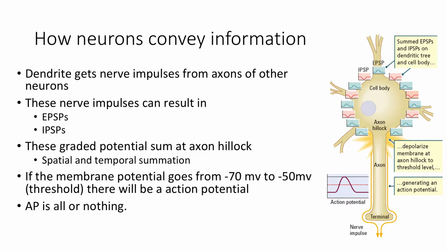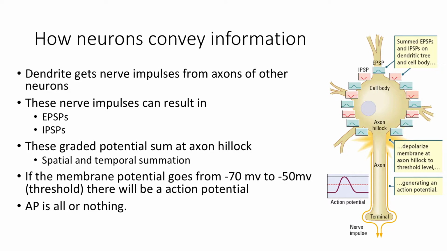Okay, so we all know by now that the dendrites are the parts of the neuron that get the nerve impulses from axons of other neurons. So this is technically a little recap. These nerve impulses can then result in excitatory postsynaptic potentials, EPSPs, or inhibitory postsynaptic potentials, which we call IPSPs.